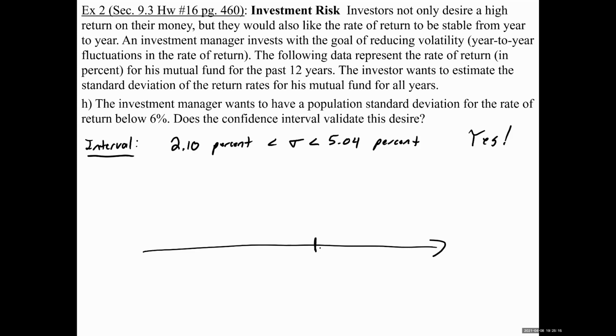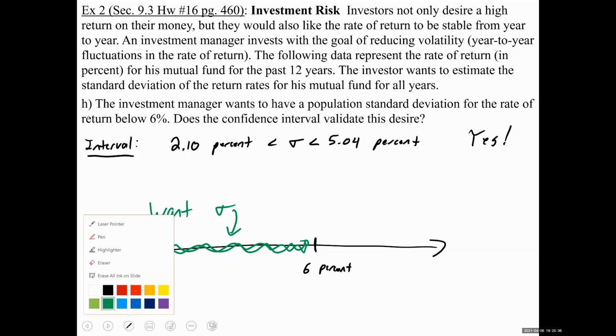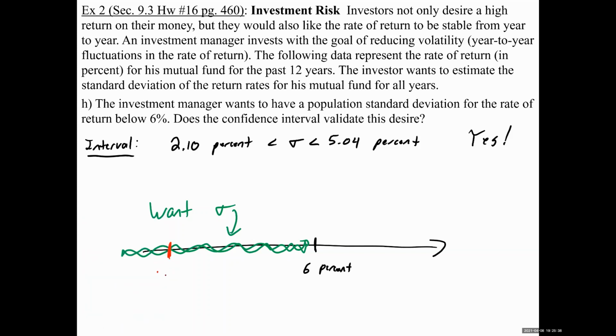But our confidence interval, well, we want sigma to be less than 6%. So we want sigma in the green region. And we're saying that we think sigma is between 2.10 and 5.04.